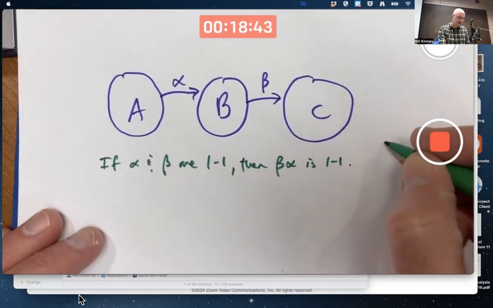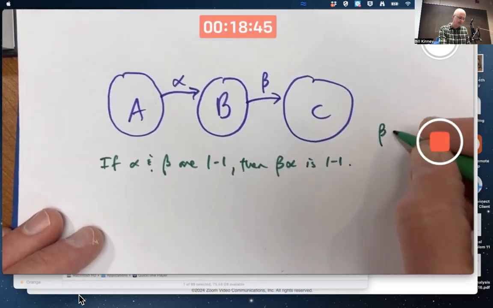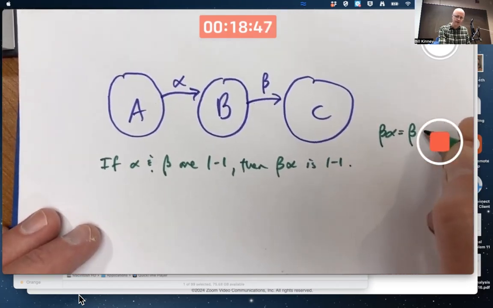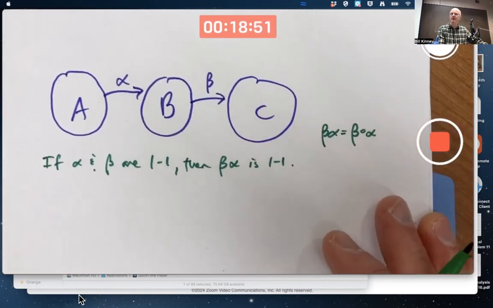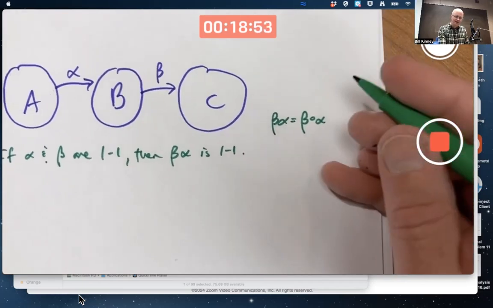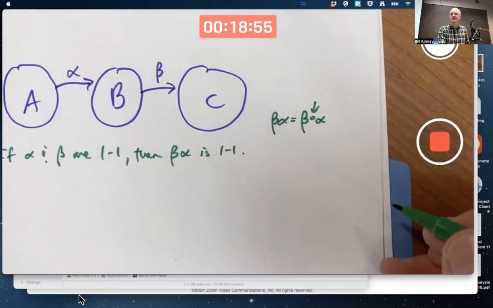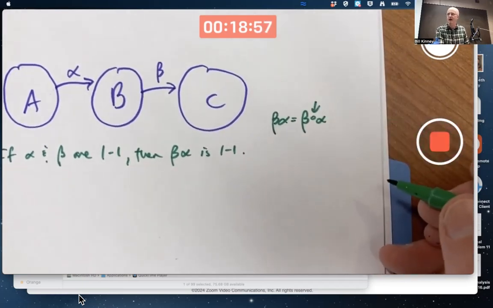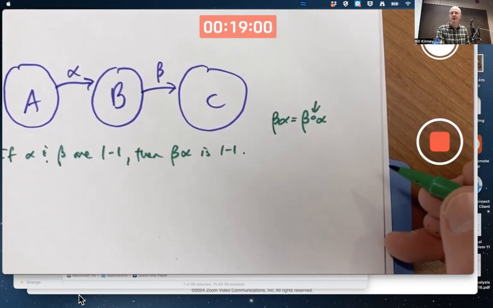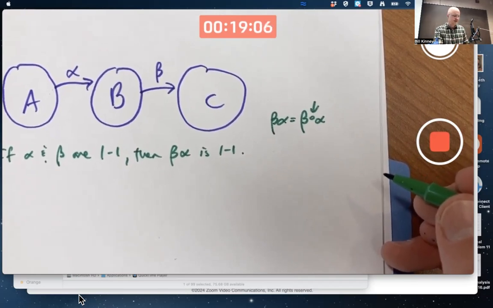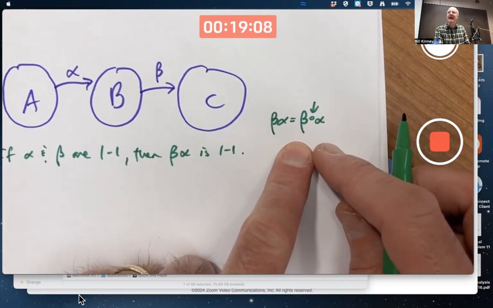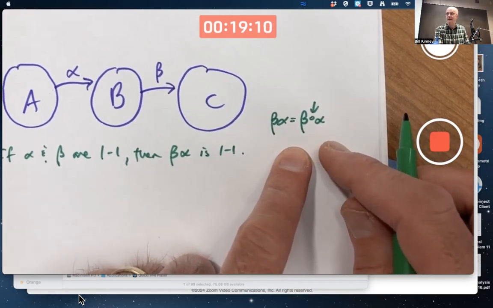Have you ever seen the circle notation before? Beta alpha could sometimes be written beta circle alpha. That circle is not a circle in the usual sense of the word. It's not a geometric object. It's a symbol that represents a binary operation like addition or subtraction or multiplication or division, taking two things and combining them to get a new thing.